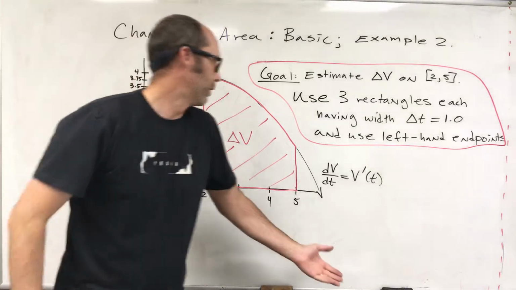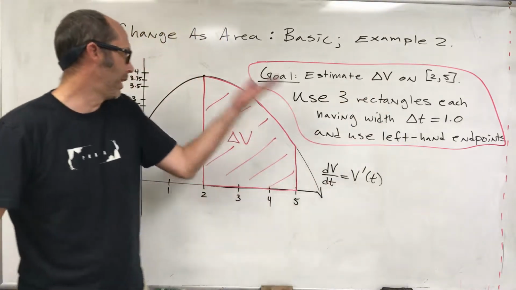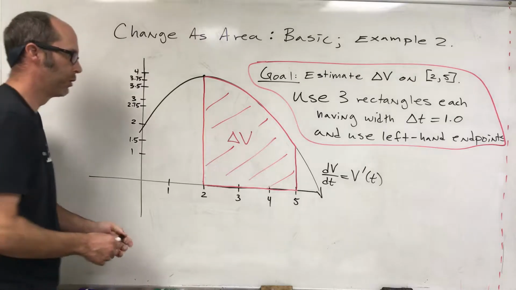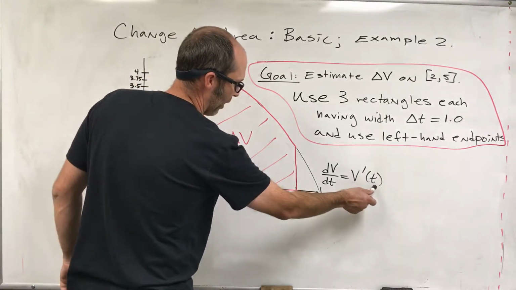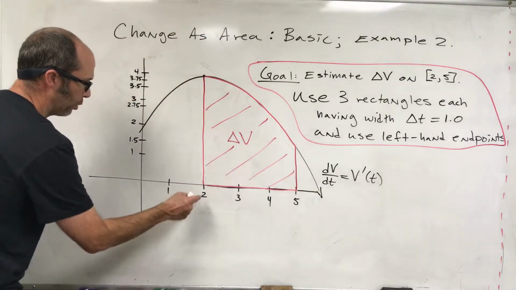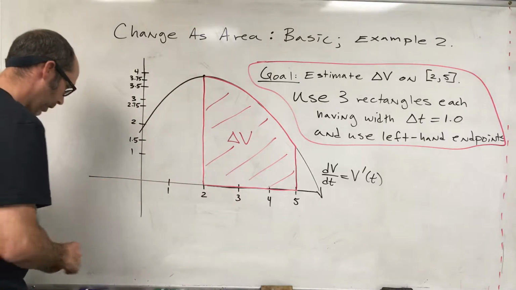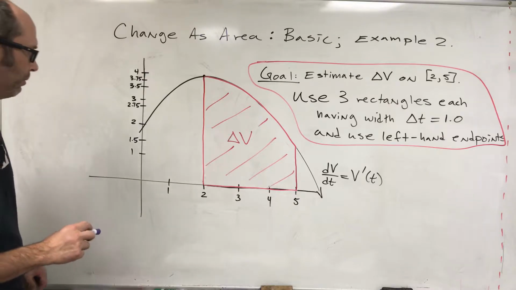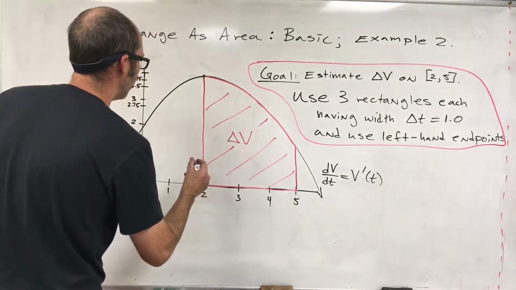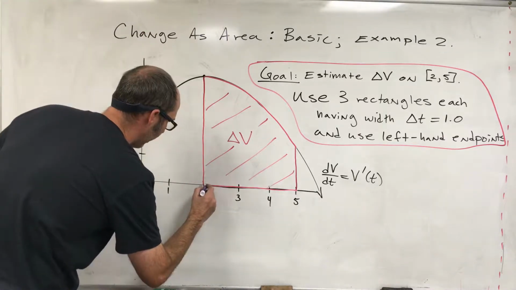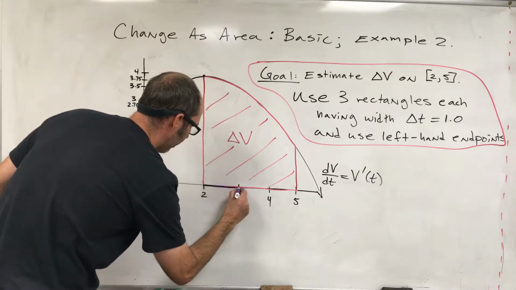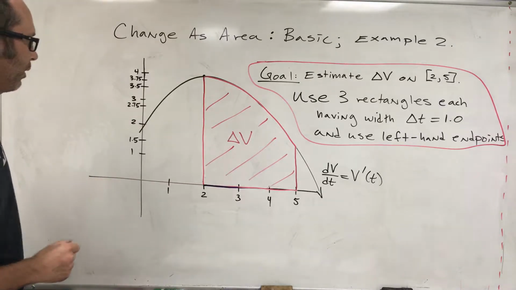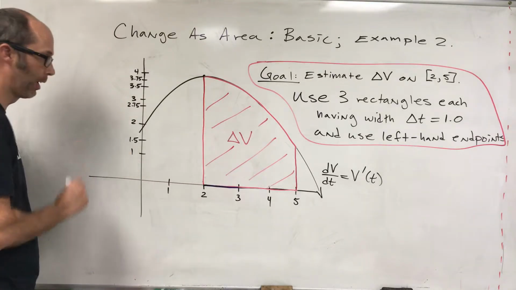Now to decide how far we go up for each of our rectangles, we use the left-hand endpoint. We use the function value v prime of 2 to decide how far to go up. I'm going to draw my rectangles in purple. First I'm drawing this rectangle right here, my first approximating rectangle.